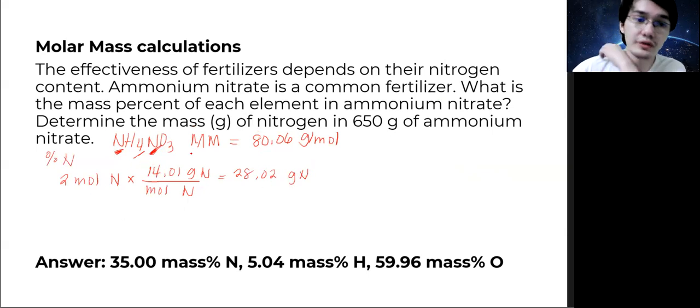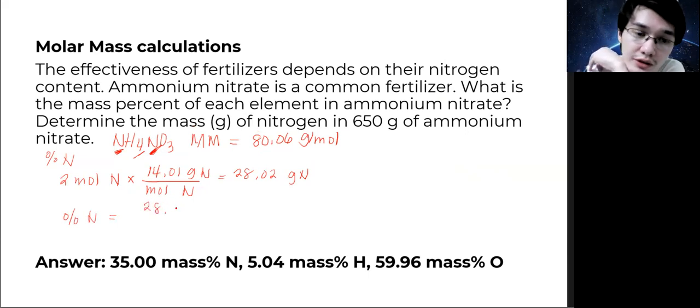So to compute for the percent of nitrogen, again, for ammonium nitrate, we have 28.02 grams of nitrogen, and we divide it by the molar mass of the whole compound.